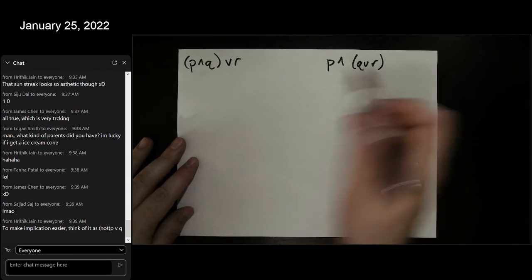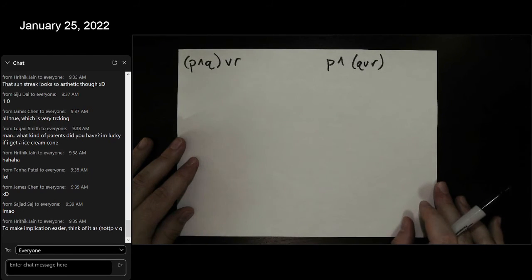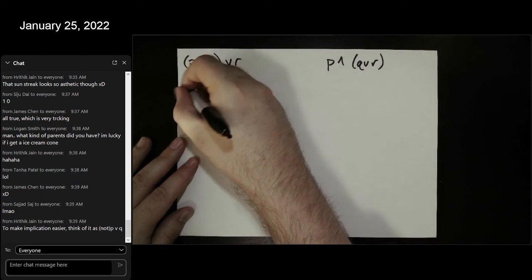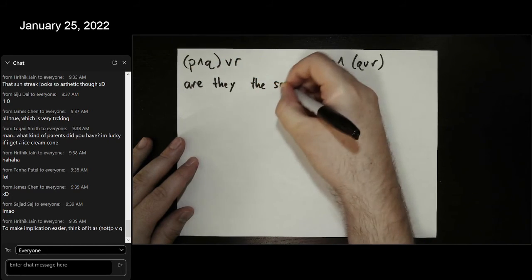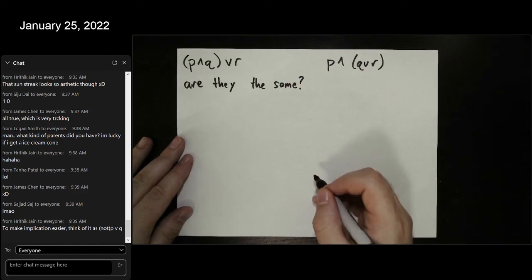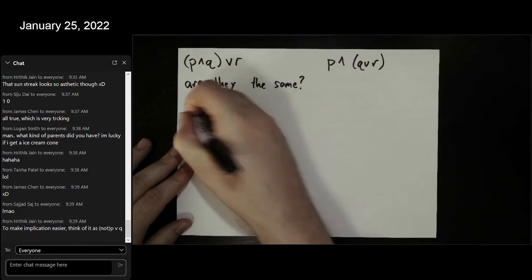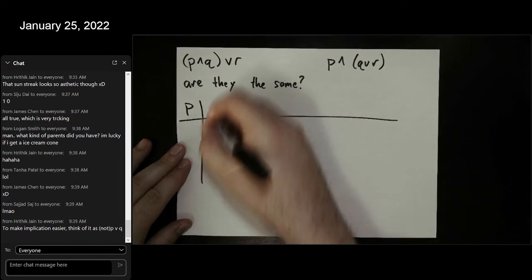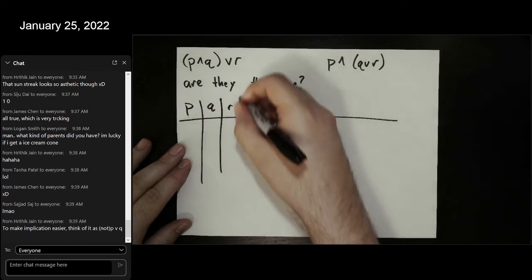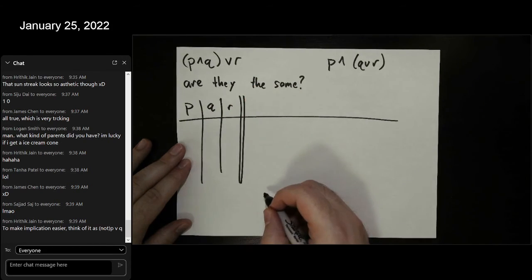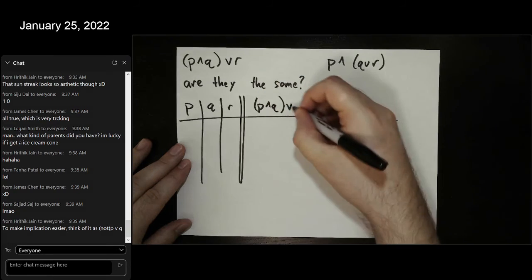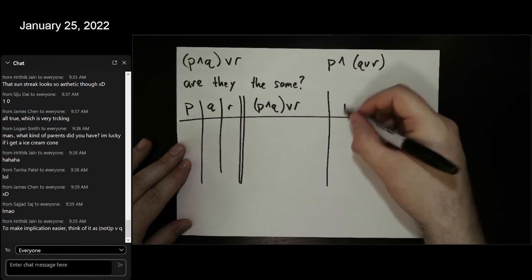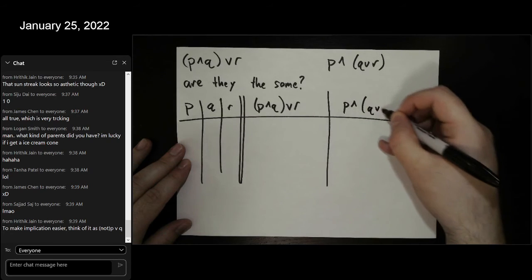These are the same symbols, but I've put the parentheses in different places. And here's my question, are they the same? I can check that with a truth table. So I've got P, Q, R, and I want to look at (P and Q) or R, and P and (Q or R).